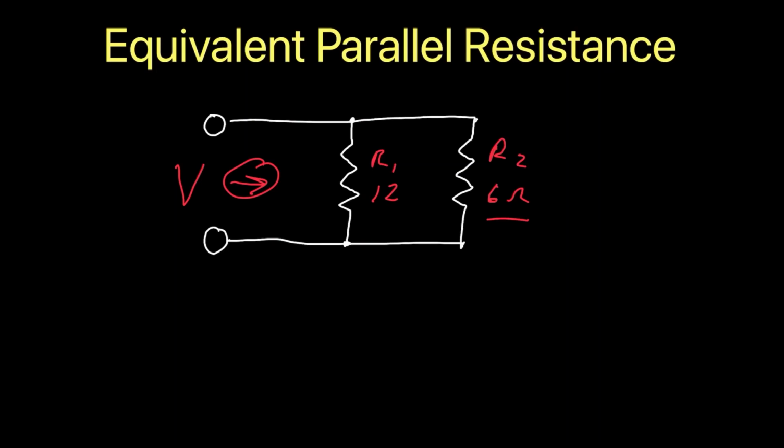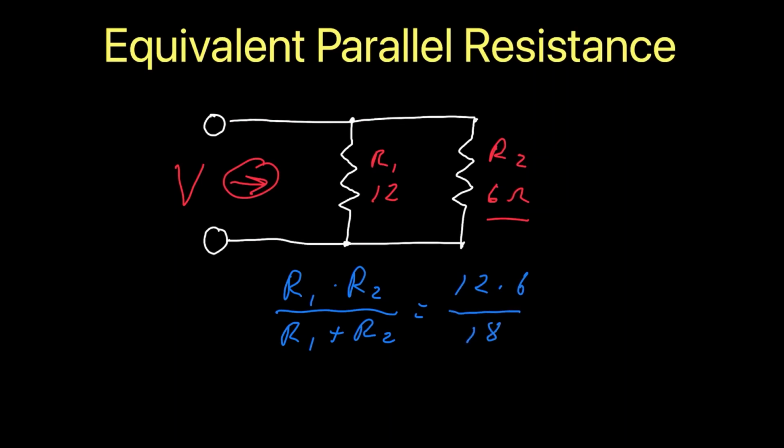So the way you can do this is use the product over the sum. So that's going to be R1 times R2 divided by R1 plus R2, which is going to be 12 times 6 divided by 18, which is equal to 72 divided by 18, which is equal to 4 ohms.